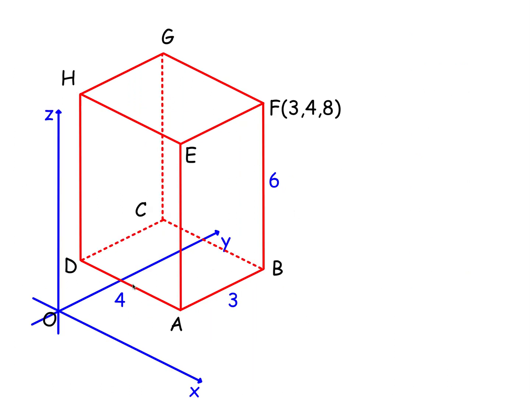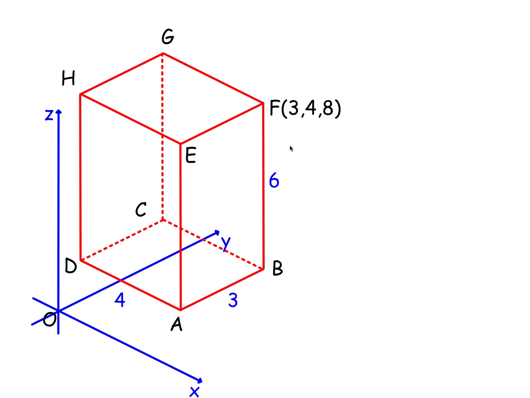And this one, it's telling you the point F here is 3, 4, 8. It's telling you the cuboid's got the same sides as before, 4, 3, 6. So it's lifted away from the xy plane. So it's been lifted up, but it's very hard to show in 3 dimensions on a diagram. So based on 3, 4, 8, we can work out the missing coordinates.